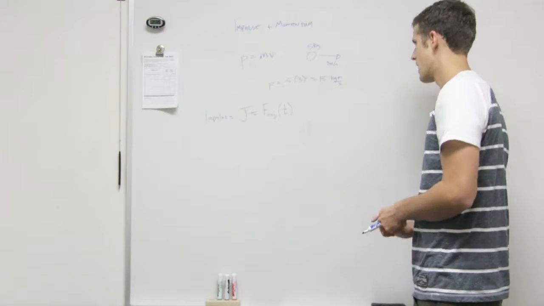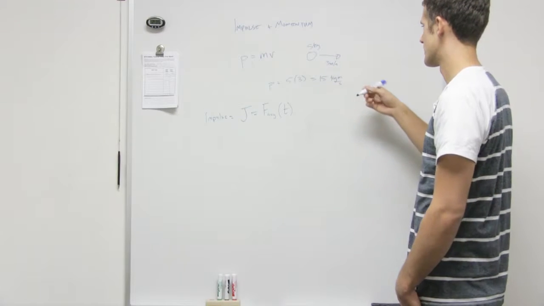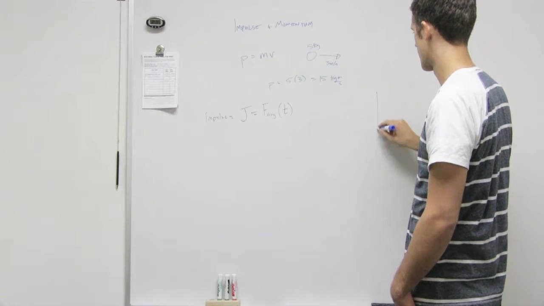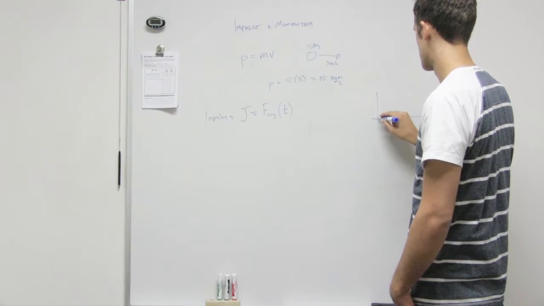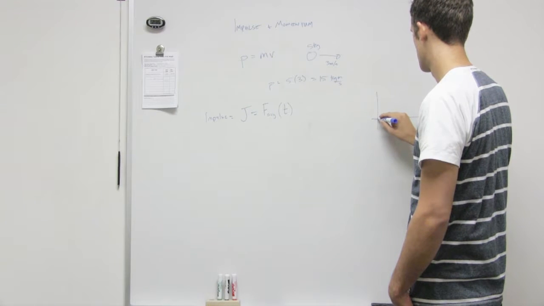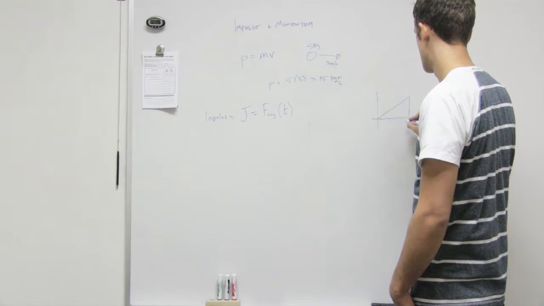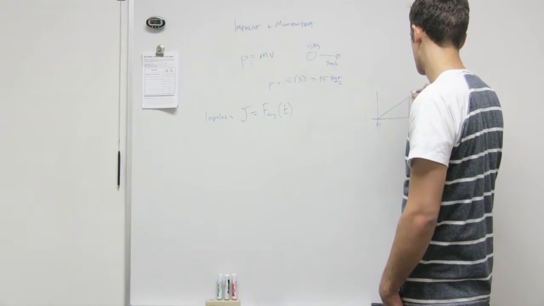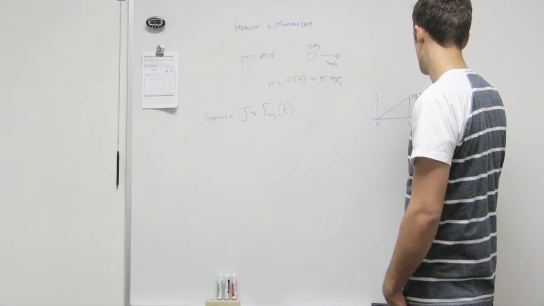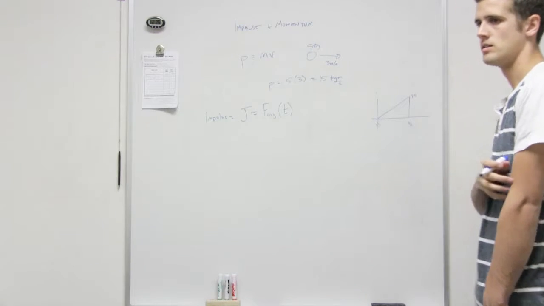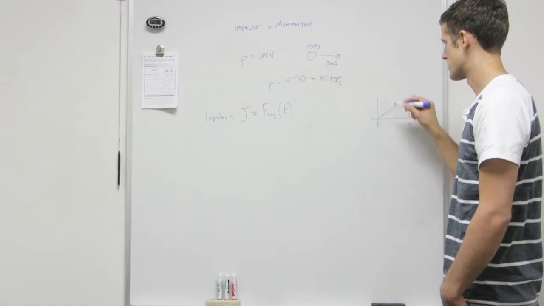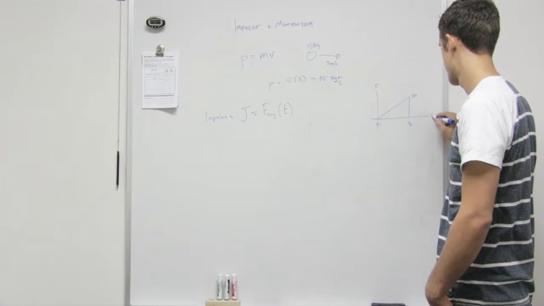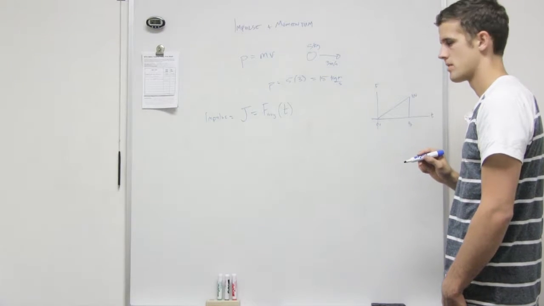So say we had this object, 5 kilograms going 3 meters per second, and there was a force that looked like this that acted on it. This is 4 seconds, 0 seconds, 1 newton. What would be the area under the force versus time graph? Let's see.